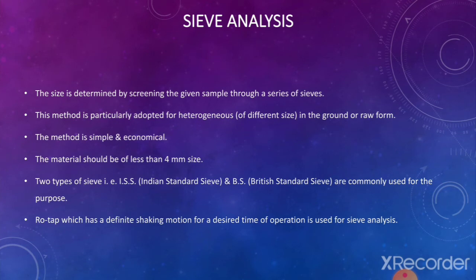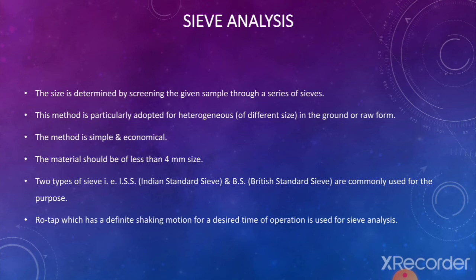The next method is the sieve analysis method. This is the most accurate method of size determination of particles having size not less than 4 mm. The size is determined by screening the given sample through a series of sieves. The machine which is used to measure the size consists of a number of sieves arranged in a series.